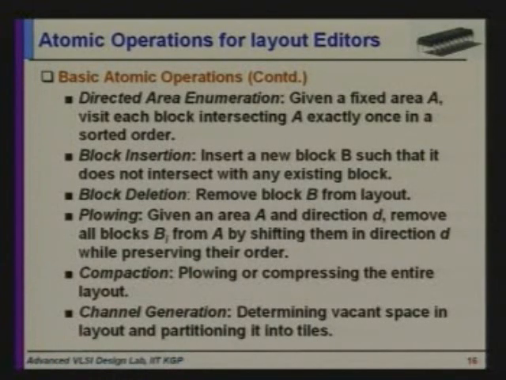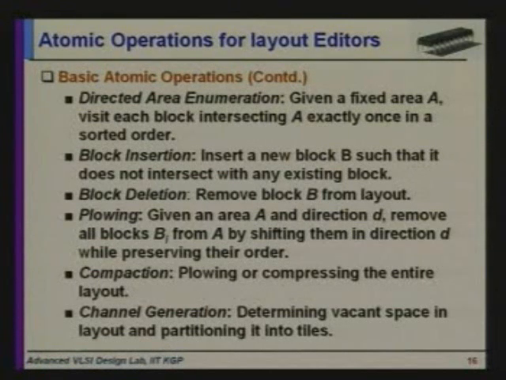Then directed area enumeration. Given a fixed area A, visit each block intersecting A exactly once in a sorted order. Block insertion. I want to insert a block such that it does not intersect with any existing block. Block deletion, again, I want to remove a block from the layout.